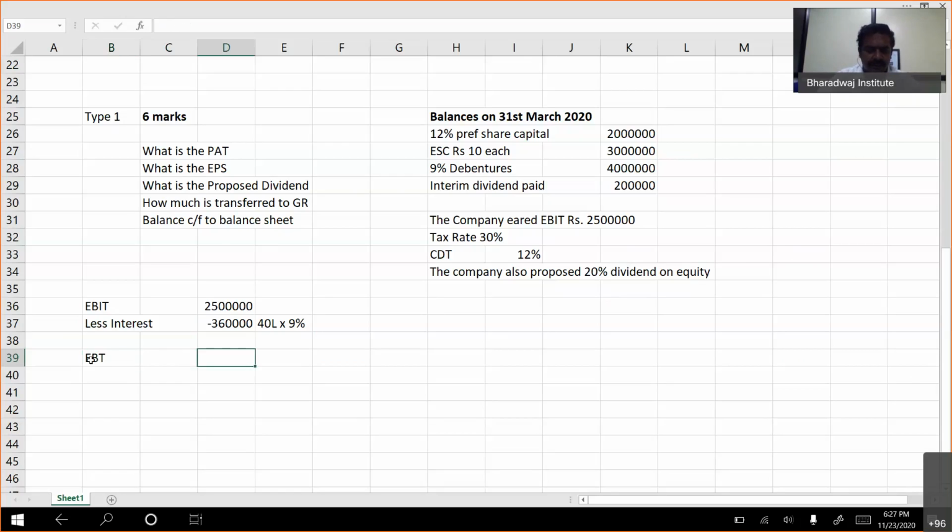Less provision for tax at the rate of 30%, that is EBT into 0.3. It will give us earnings after tax.